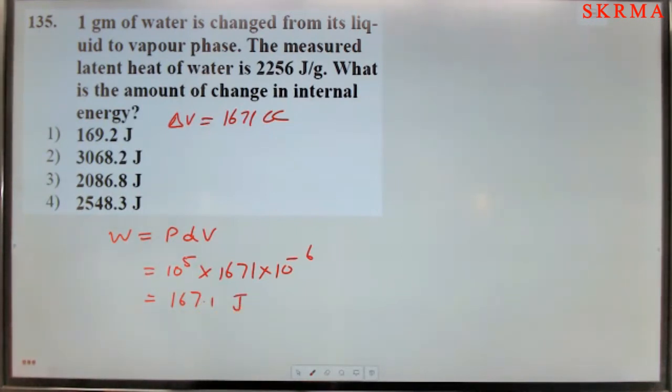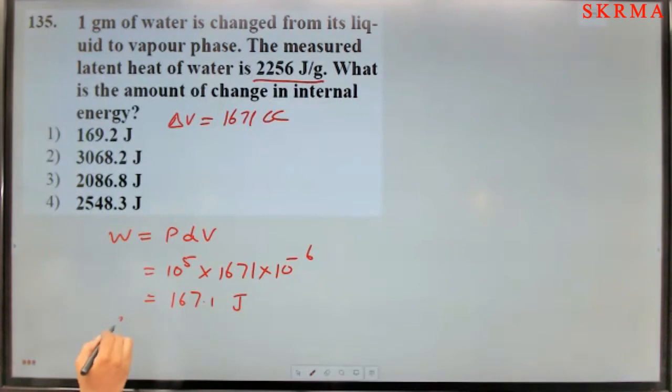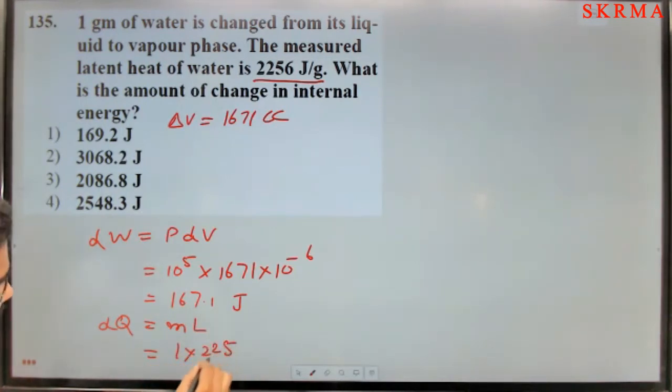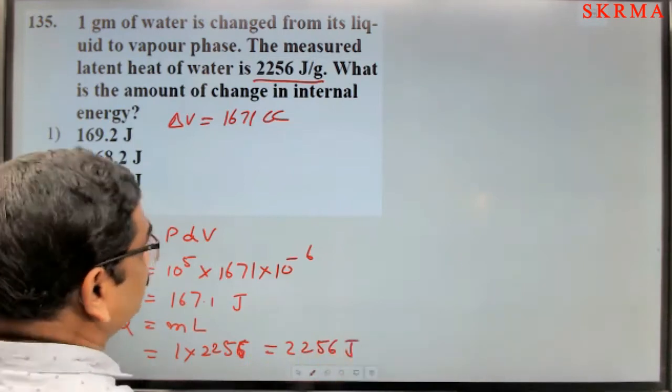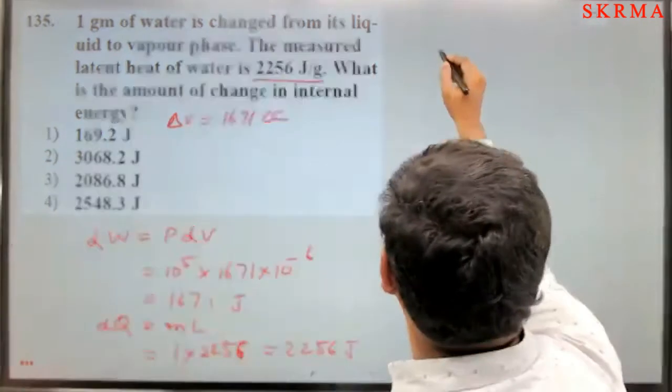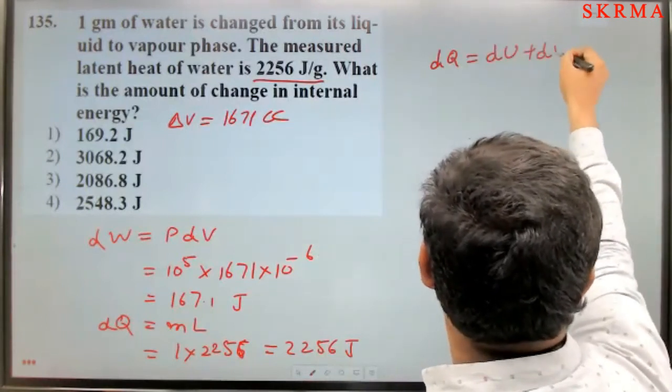Next, what we have to calculate is the change in internal energy. Here latent heat is also given. So dQ, this is dW. dQ is m into L. M value is 1 gram, L value is 2256. So it is 2256 joules. Now, from the first law of thermodynamics, dQ equals dU plus dW.